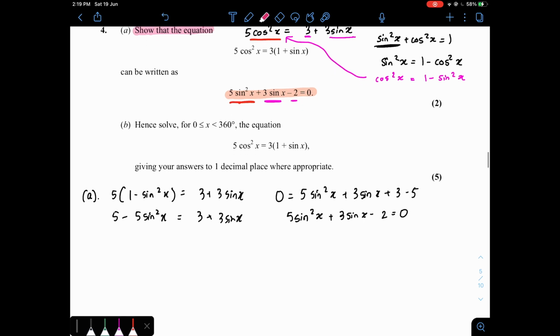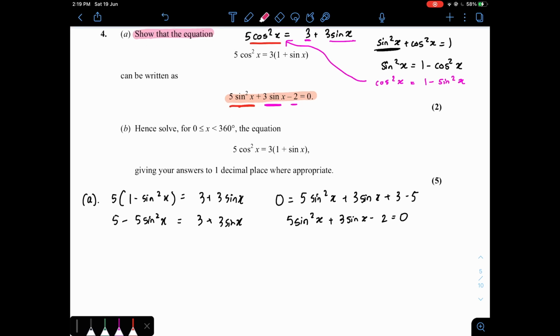Okay, part B, hence solve for 0 less than x less than 360 of this equation. Now they've made it easy for us. Instead of using this, we can straight away use this. We can say this is the same thing as saying 5 sine squared x plus 3 sine x minus 2 equals 0.